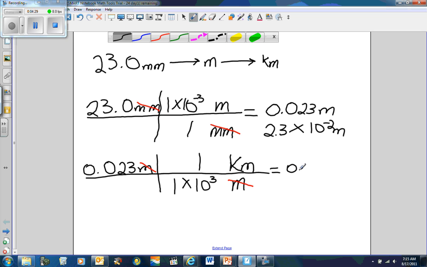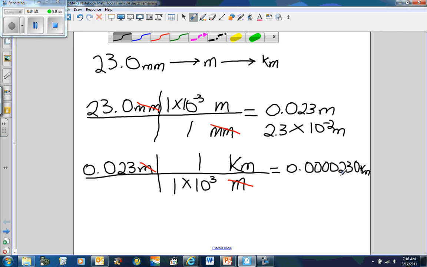0.000023 I'm almost out of room, but I think we can do it, kilometers.